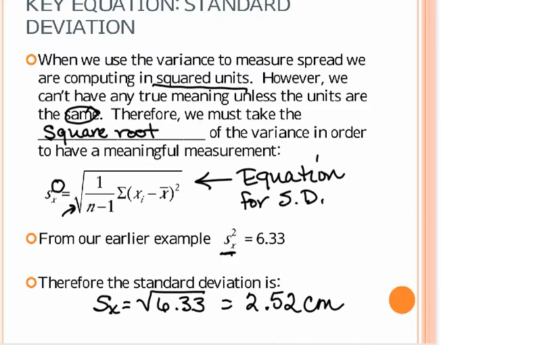It means that the average distance each foot length is from the mean is 2.52 centimeters. We'll do a lot more with this when we're graphing, especially in Chapter 2, when we start distributions. We're going to use standard deviations to see how far a piece of data is away from the center. And that becomes really important.